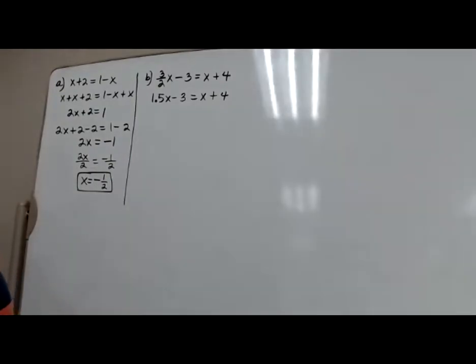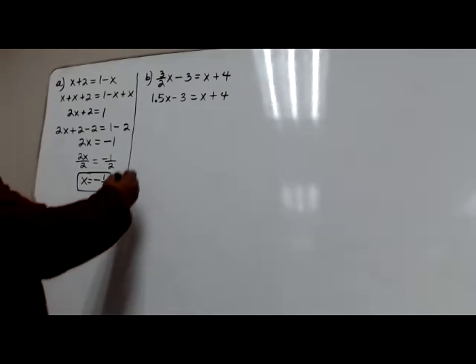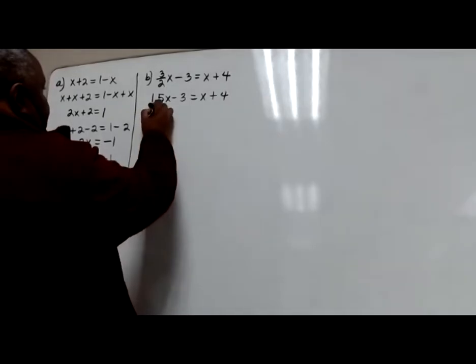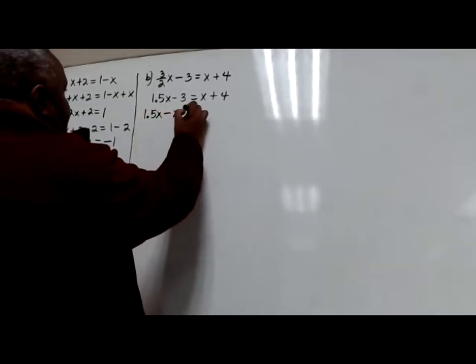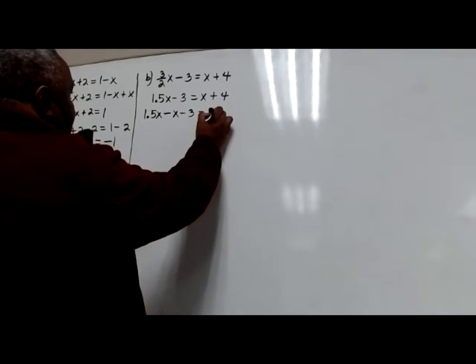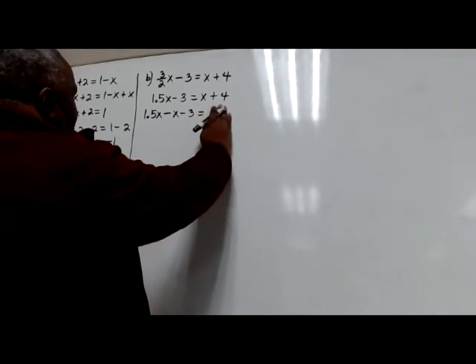Okay, so now what will be the next thing I'll do? Subtract x from both sides. So I got 1.5x minus x, then minus 3 is equal to 4, I mean, x plus 4 minus x.